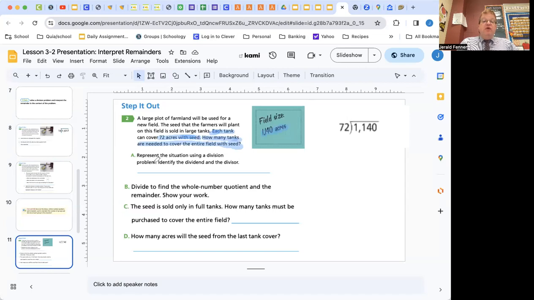So represent the situation using a division problem and then identify the dividend and the divisor. So we are going to do that first. The actual problem would be 1,140 divided by 72.